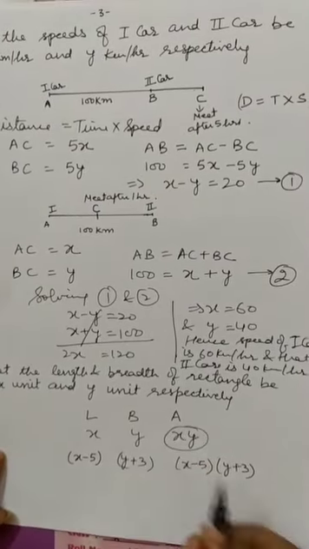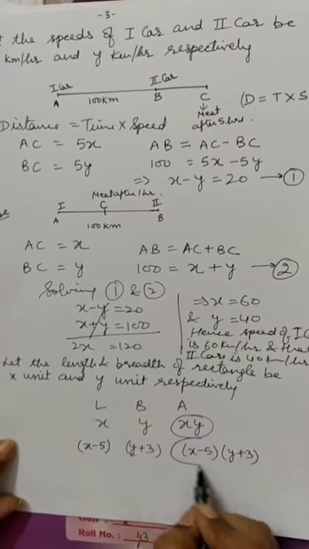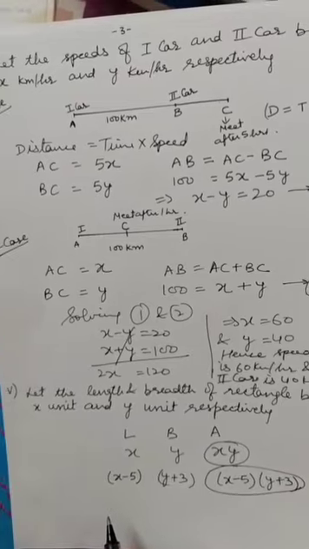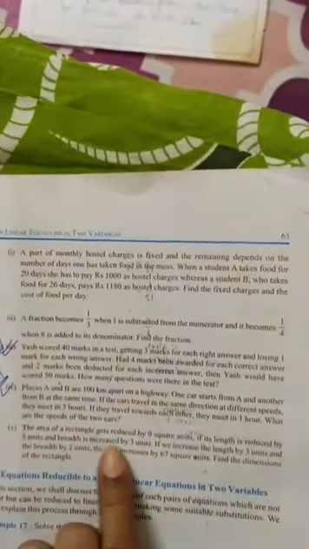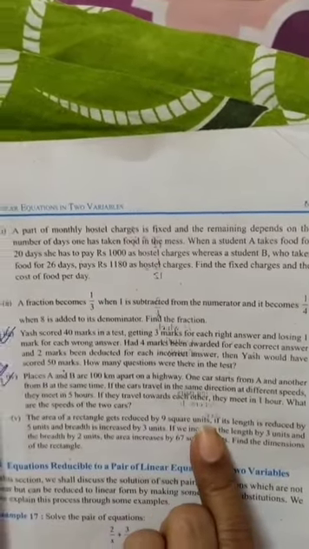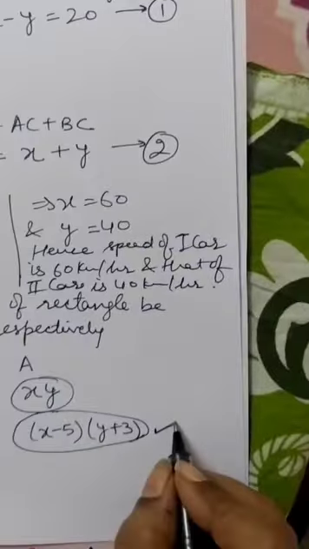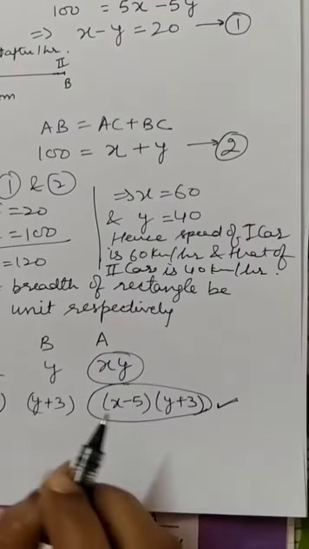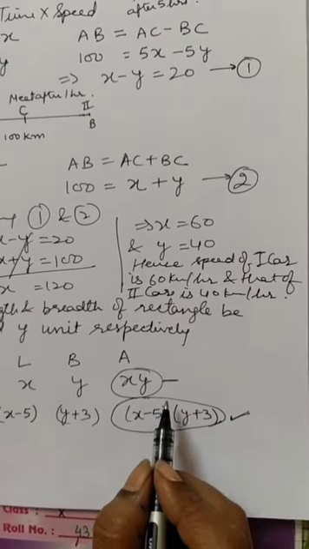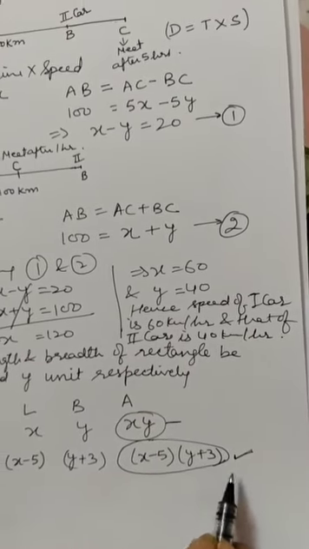So this is the area according to the first condition given in the question. Let us read once again. It says that the area of a rectangle will be reduced by 9 square units in this case. That means the given area is 9 square units more than the changed area.